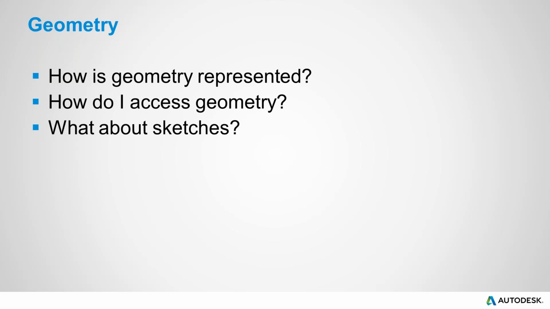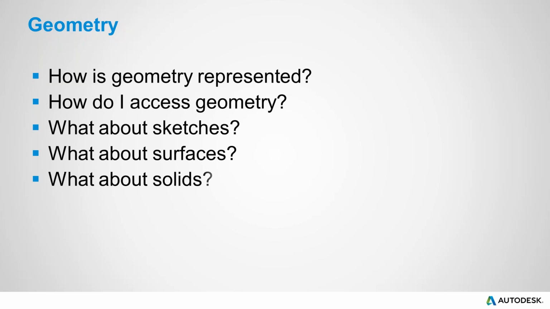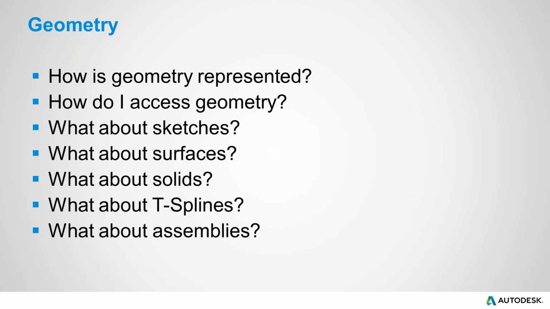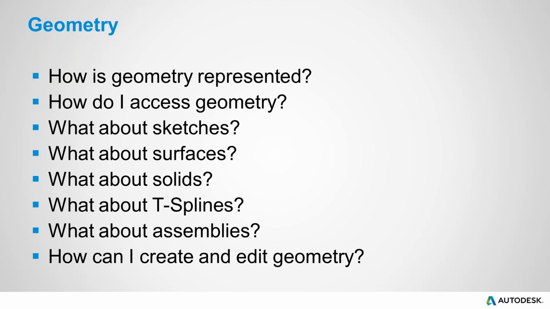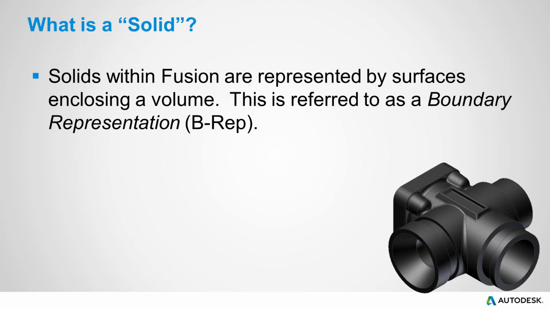And then what about sketches? What about surfaces? What about solids? What about T-Splines? What about assemblies? Does that change anything? And then how do you create, edit, and query? We'll talk about all of that.